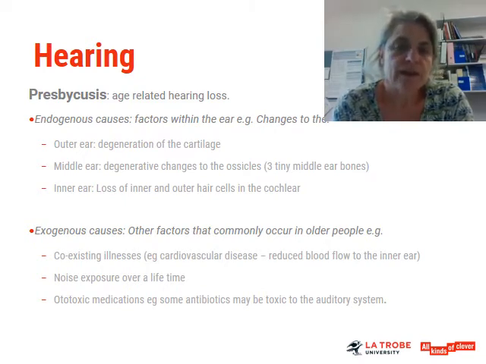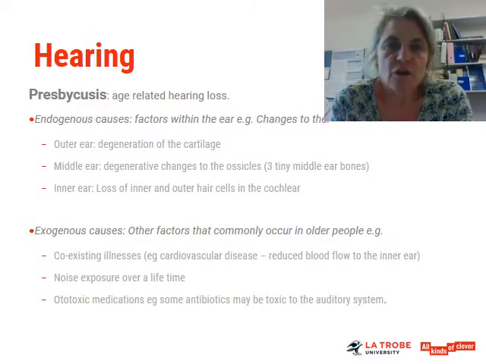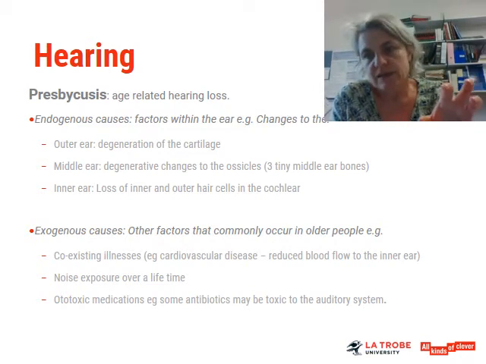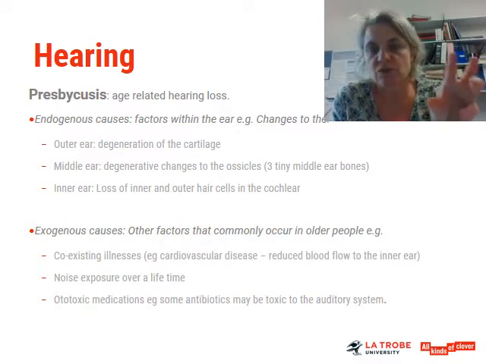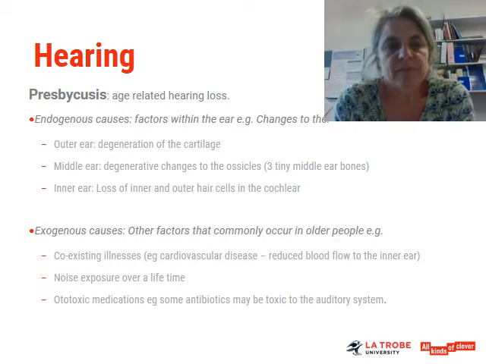In typical aging people, hearing tends to be less acute, and that phenomenon is called presbycusis. Presby means age. So if you ever see the word presby, it's likely that's something to do with age or aging. So presbycusis means age-related hearing loss.